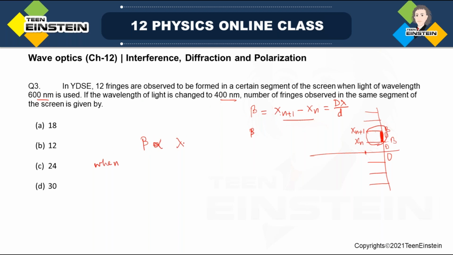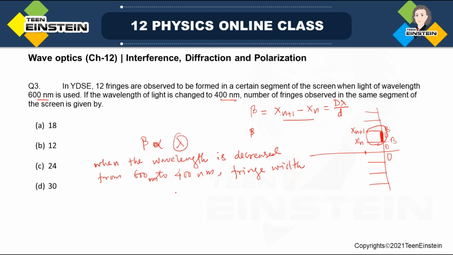We have seen that beta is directly proportional to lambda. So when the wavelength is decreased from 600 to 400 nanometer, the fringe width also will decrease because it is directly proportional, by a factor.